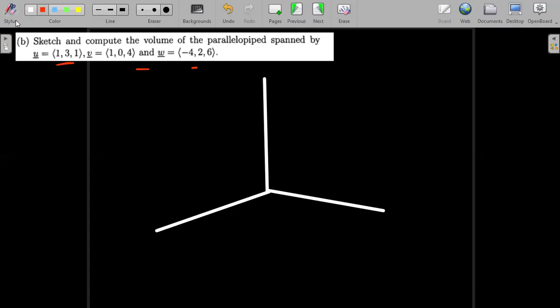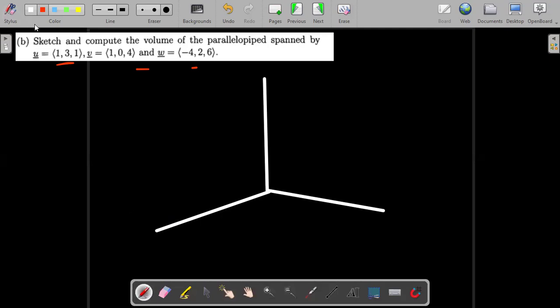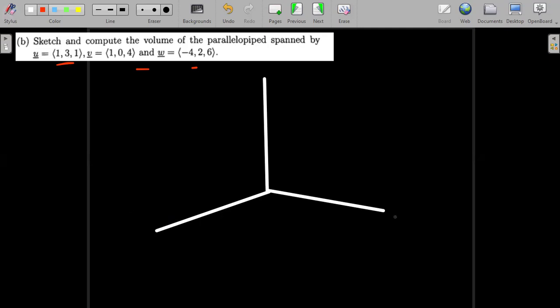So I can label these: this is my x, my y, and my z axis is going to be here. So now to plot, I'll start with u.